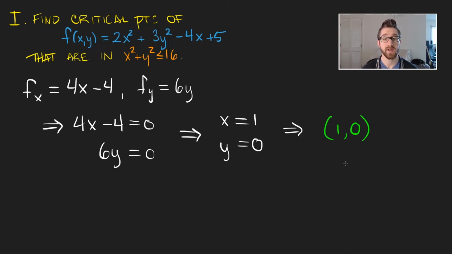Now, if we wanted to, we could do what we did in the lesson on maxima and minima and test this point to see whether it's a local maximum or a local minimum or a saddle using the second derivative test, but we don't actually need to do that. You'll see later that we're just going to compare the value of the function here to the value of the function at the other points that we find in the next step, and that'll tell us whether it's the maximum or minimum. Okay, so we're done with this step.